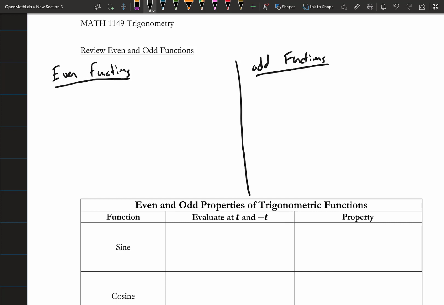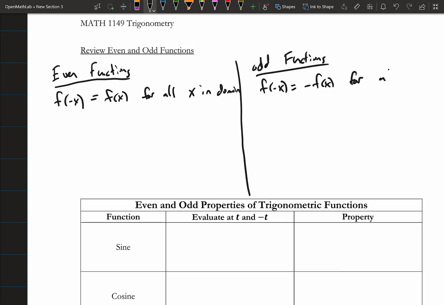So remember, a function is even if f of negative x is equal to f of x for all x in the domain. A function is odd if f of negative x is equal to negative f of x for all x in the domain.